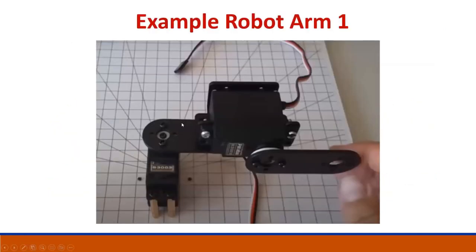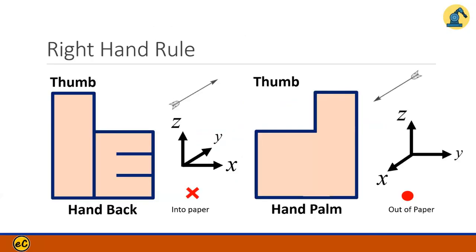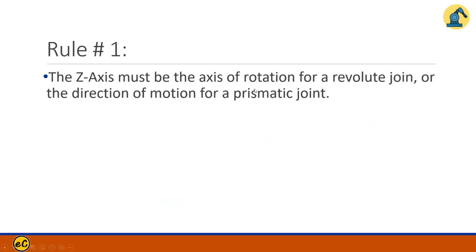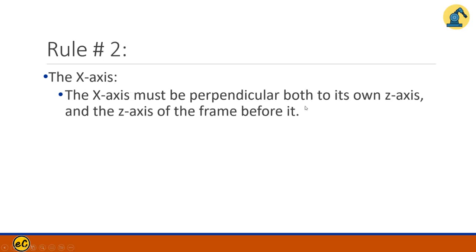Any question? So that's rule number one: the z axis must be the axis of rotation of a revolute joint or the direction of motion of a prismatic joint. Rule number two: x must be perpendicular to its z axis and the axis before it.